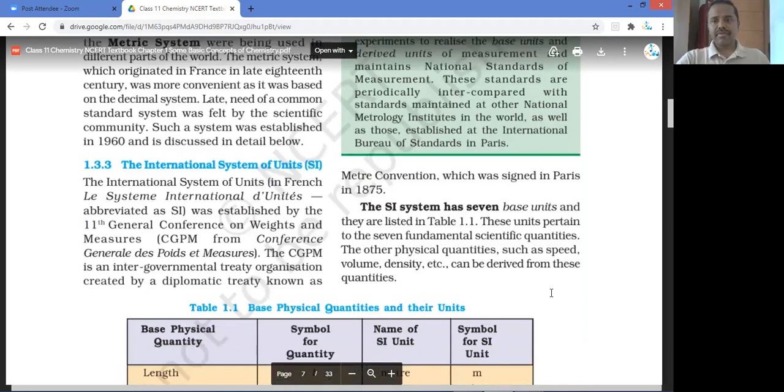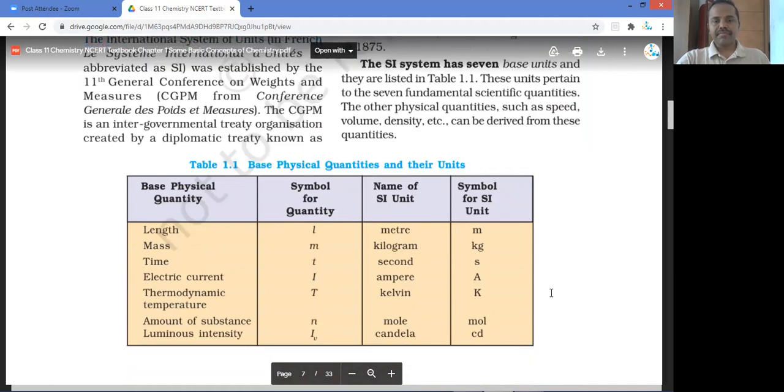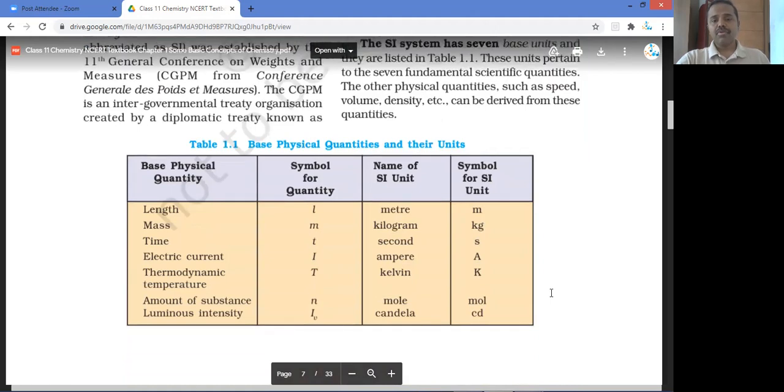So there are 7 base units, and they have been listed. You can see the physical quantity. The combustibility nature comes in the luminous intensity of different substances, it will be different, and amount of substance.